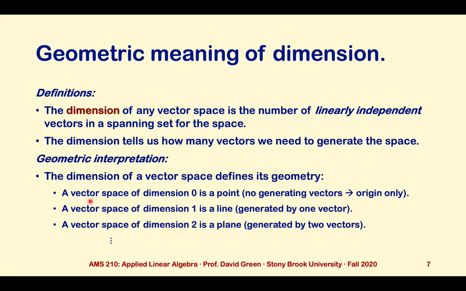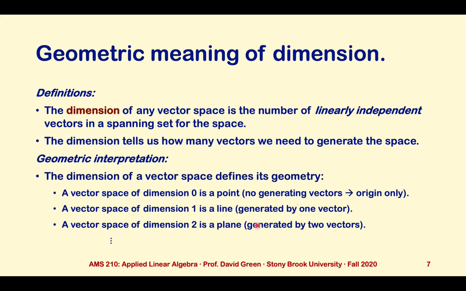And so a vector space of dimension 1 is a line, a vector space of dimension 2 is a plane. These ideas extend in higher dimensions to higher dimensionality equivalents of a plane, flat geometric objects, but our visualization of those kind of breaks down when we go past 3 dimensions.